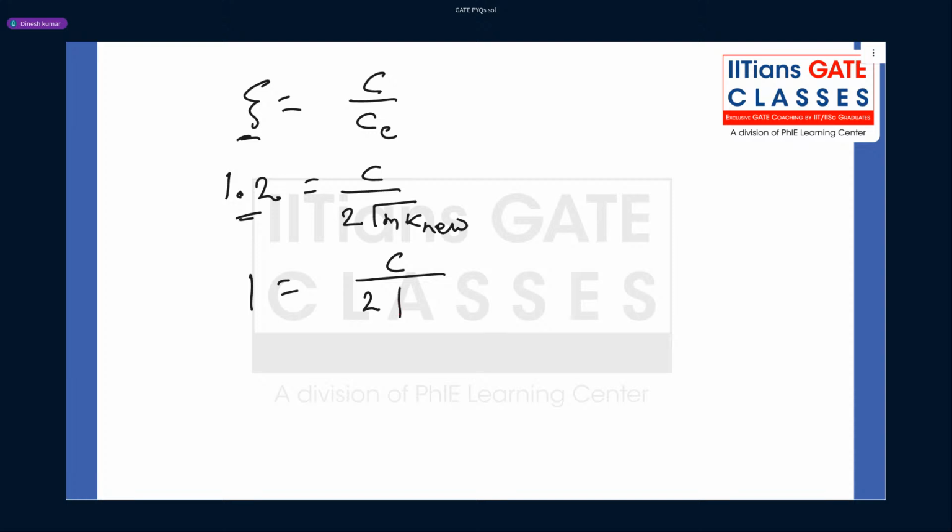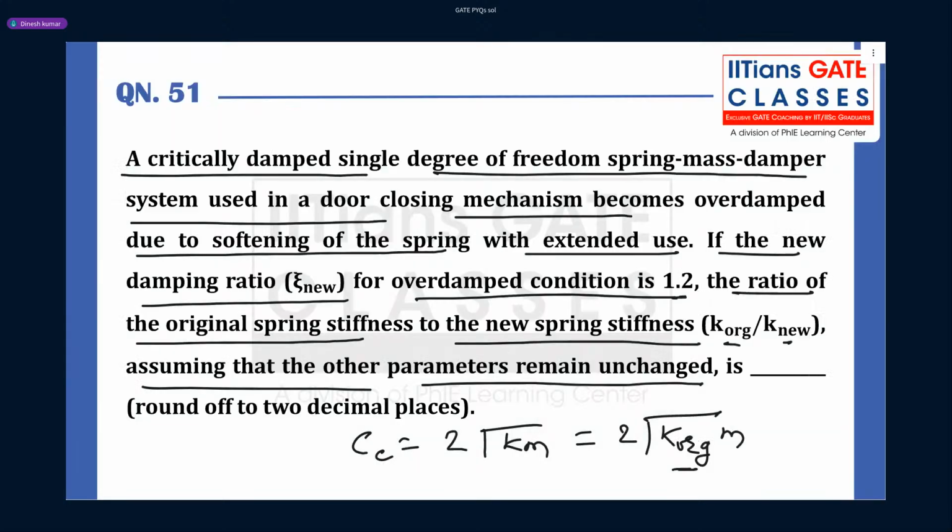It was 2m k original. Clear? Now you can say this Cc equals 2m k original, when zeta equals 1.